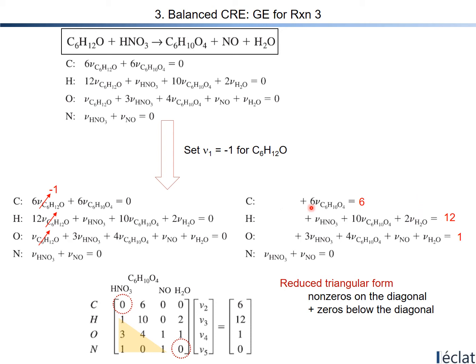So it's time to solve this problem by using the Gaussian elimination method. I'd like to remind you that we will make the reduced triangular form. So what is the definition of reduced triangular form? Non-zeros on the diagonal and zeros below the diagonal.